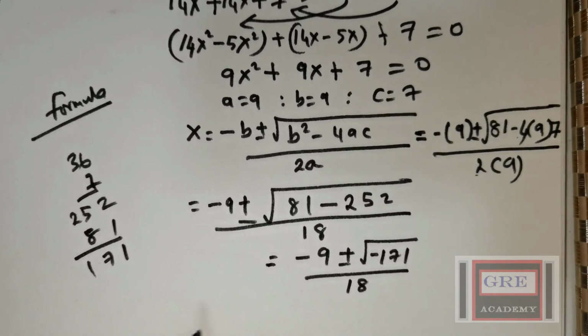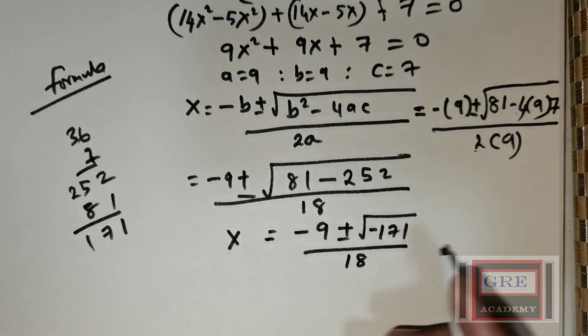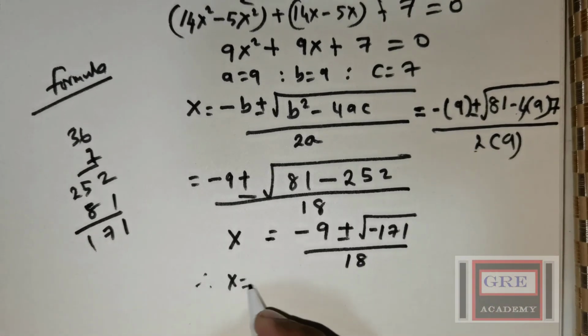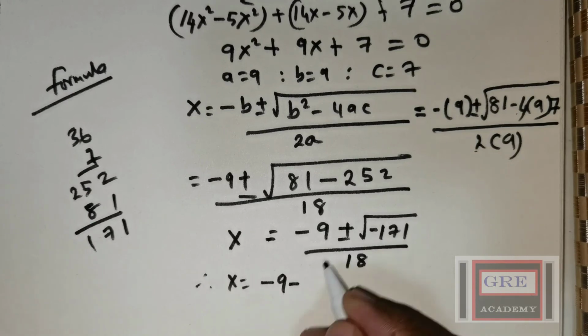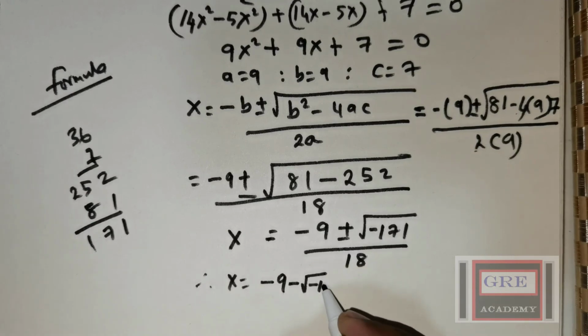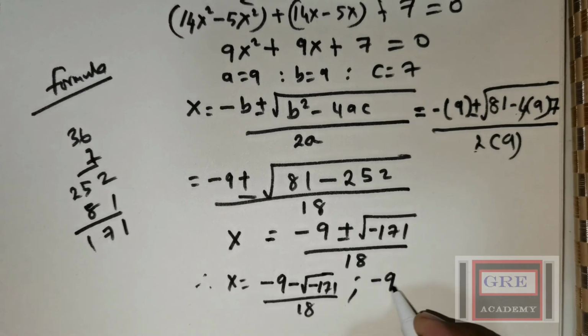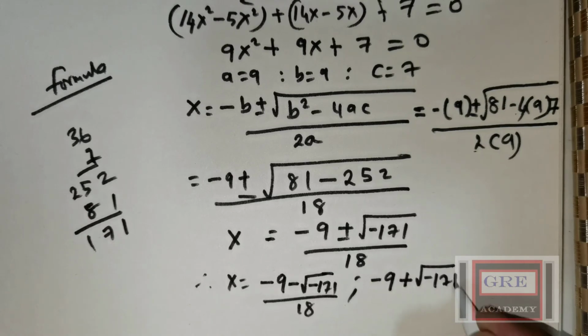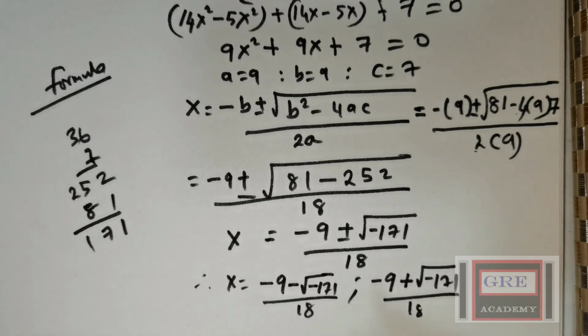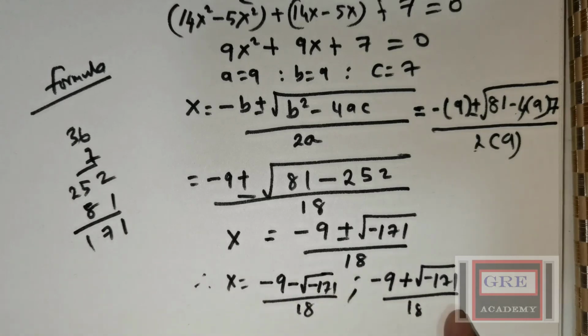Now the question wants you to just find the value of x. So this is the value of x. In fact, if you want, you can write therefore x is equal to negative 9 minus root of negative 171 divided by 18. This is one value, and the other value is negative 9 plus root of negative 171 divided by 18. Of course, this quantity cannot exist, but just for the sake of continuation and consistency, I have placed it.